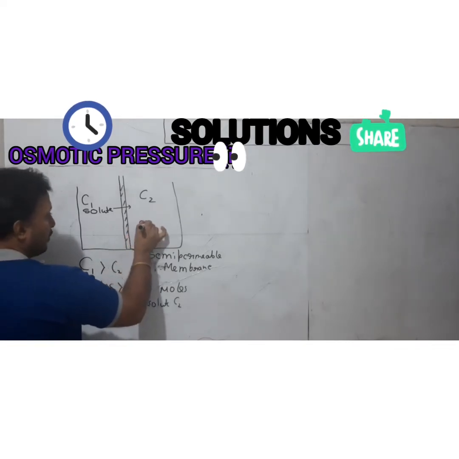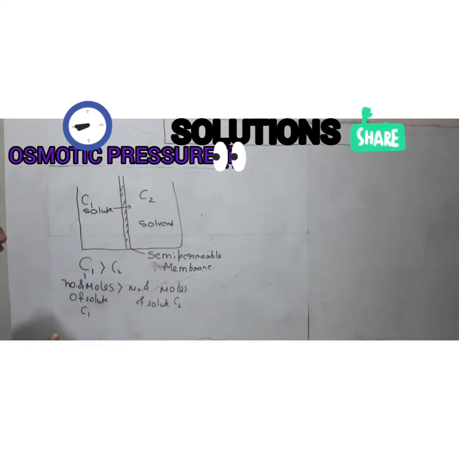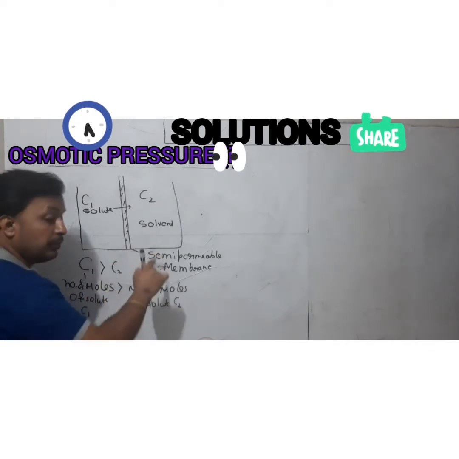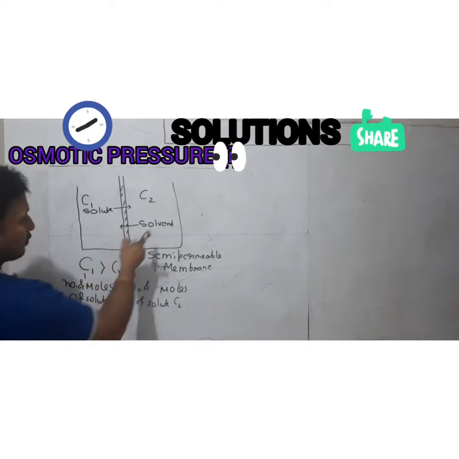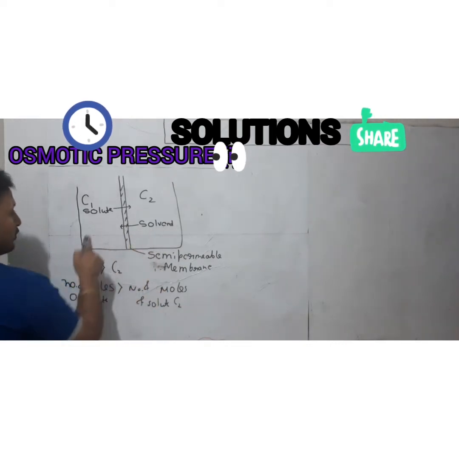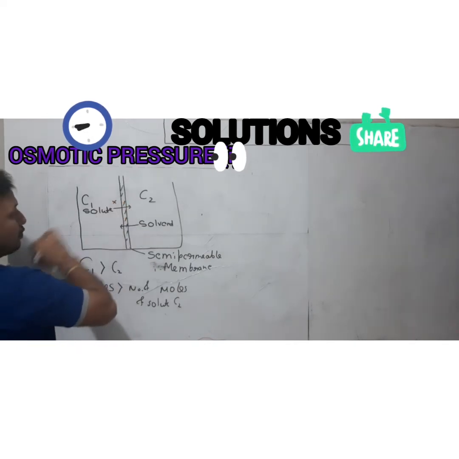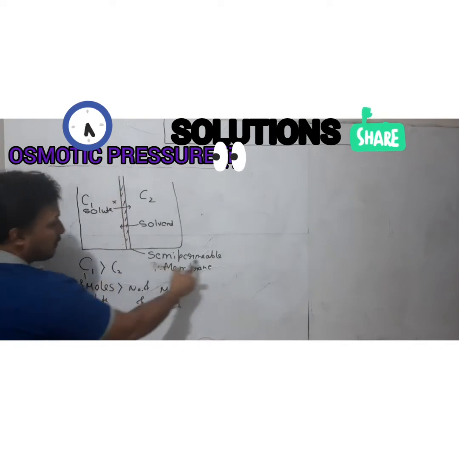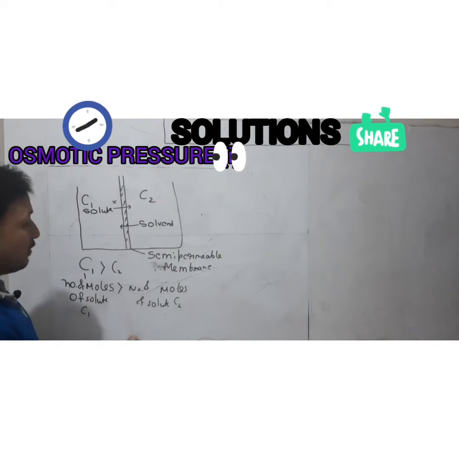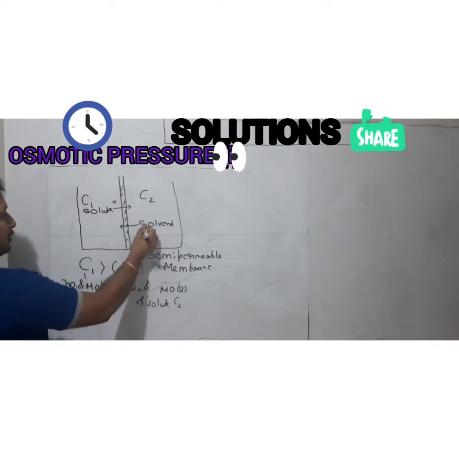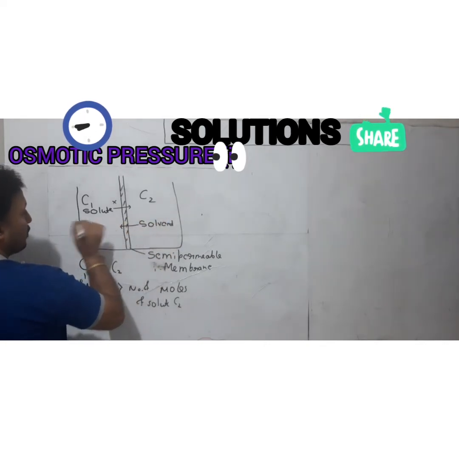The solvent molecules are more on the C2 side because it is a diluted solution with less solute, so the solvent will try to move in the opposite direction, from the region of higher solvent concentration to the region of lower solvent concentration. But the solute cannot move, because it is a semi-permeable membrane and solute is not allowed to pass through. The solvent can pass, moving from where it is more to where it is less.